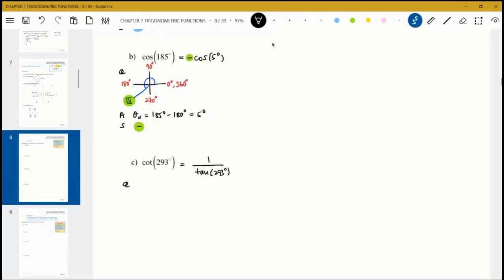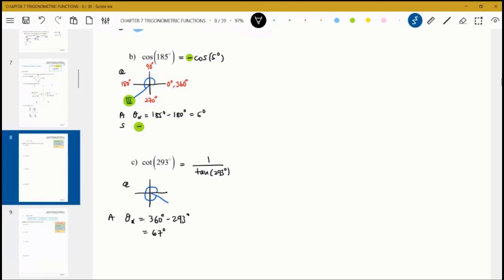Kuadran berapa? 293 pada kuadran keempat. So it should be lie somewhere around here. Okay, so kita tahu theta adalah 360 tolak dengan given angle yang diberi 293. So kita akan dapat nilai dia adalah 67 degree.